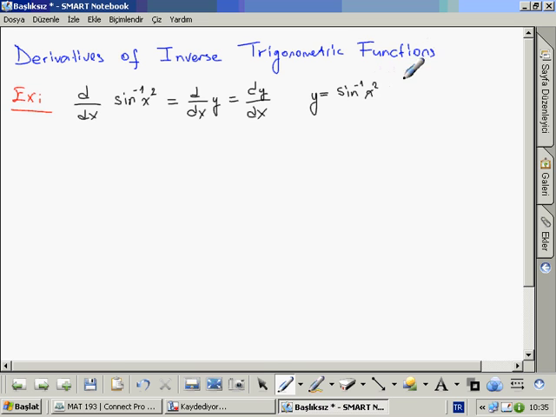So if y equals inverse sine of x squared, we can say sine y equals x squared.